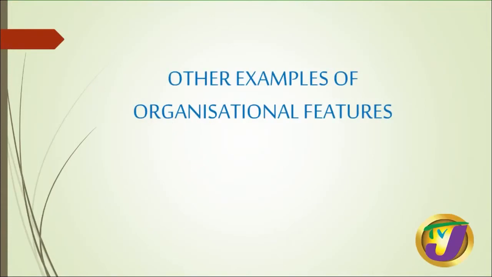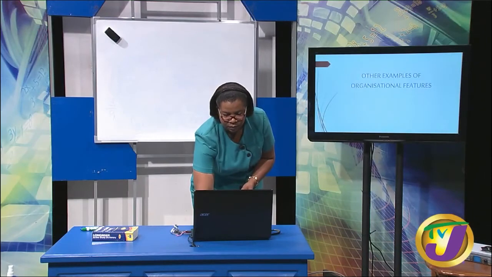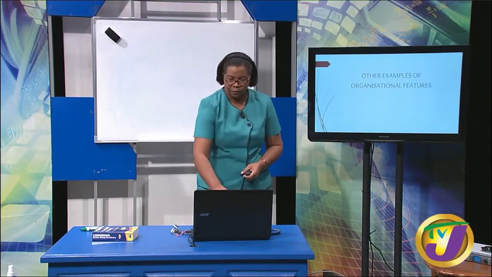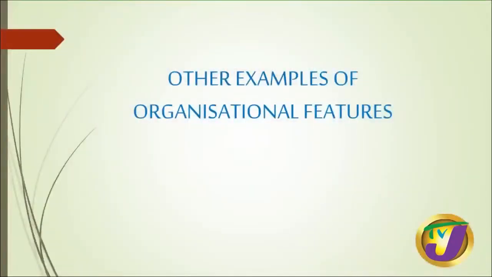Let's take a look at some organizational features. Okay, so we have different types of organizational features. We have the title, and the title indicates the topic and the main idea of the entire text. We also have headings.